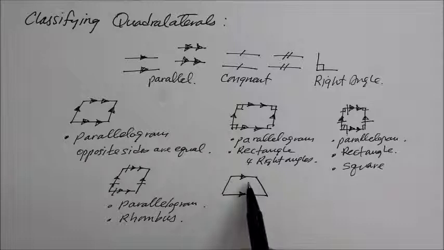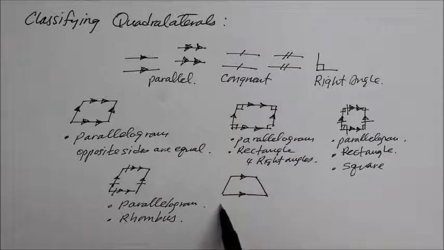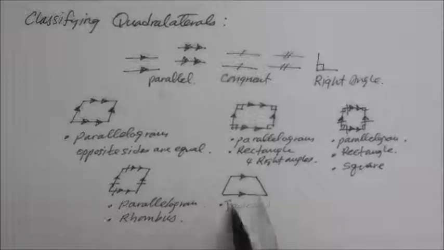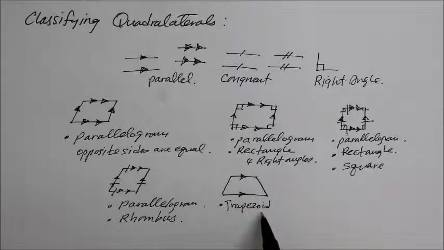If you only have one pair of parallel lines, then this is known to be a trapezoid. It's not a parallelogram anymore, it's just a trapezoid, where there are no 90-degree angles, so it cannot be a rectangle. And to be a parallelogram, each pair of opposite sides must be equal, but in this case it's only one. So that's a trapezoid.